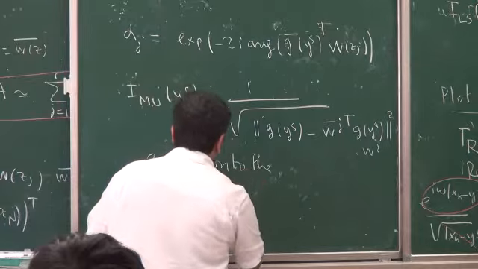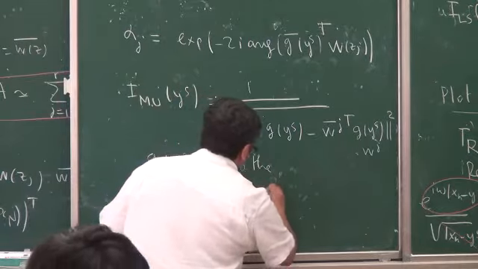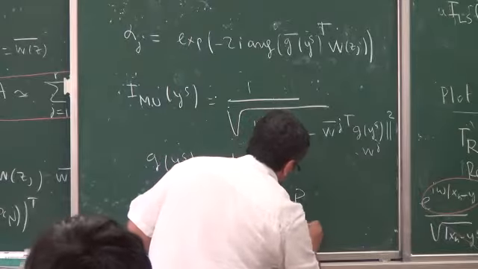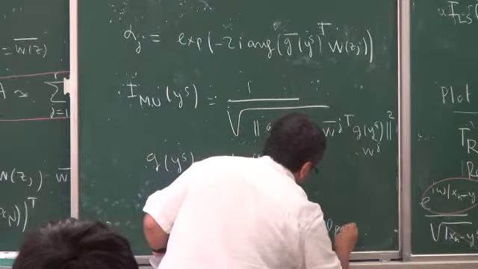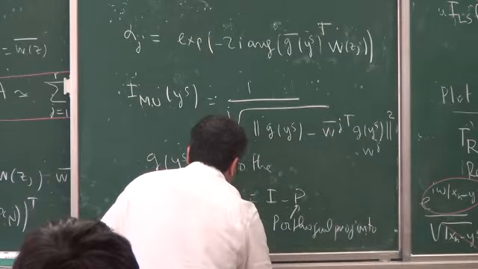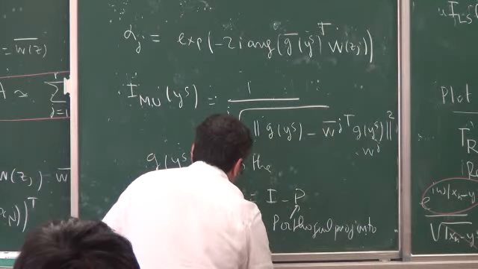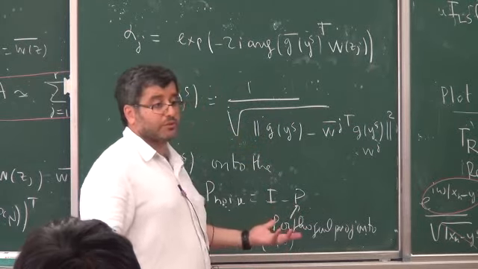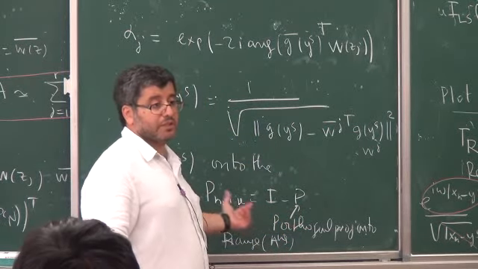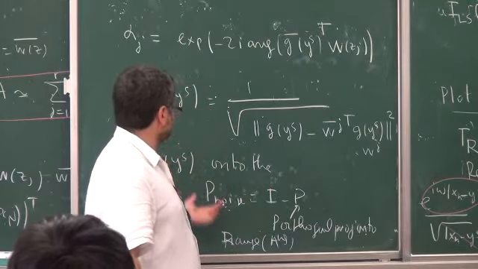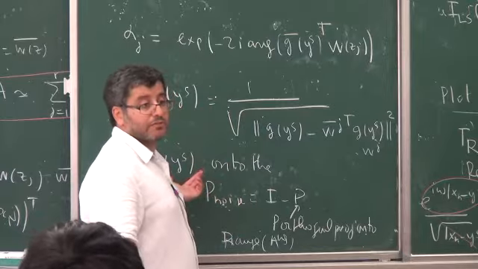P noise is identity minus P. P is the orthogonal projection onto the image space, or range, of the A measurement. Okay, this is P, the projection onto the range. Identity minus P is the projection onto the noise. And you will compute 1 over the projection onto the noise of the Green function.